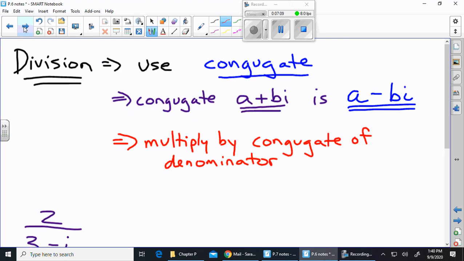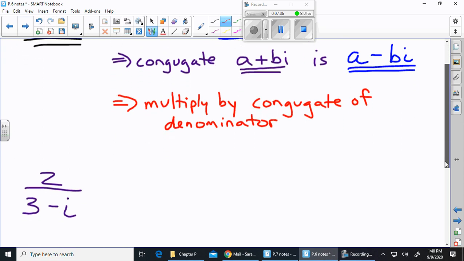So then division. With division, we have to get rid of the i on the bottom. So we use the conjugate. If you remember that word, the conjugate of a plus bi is a minus bi. You change the inside, not the a. So you're looking at the denominator.